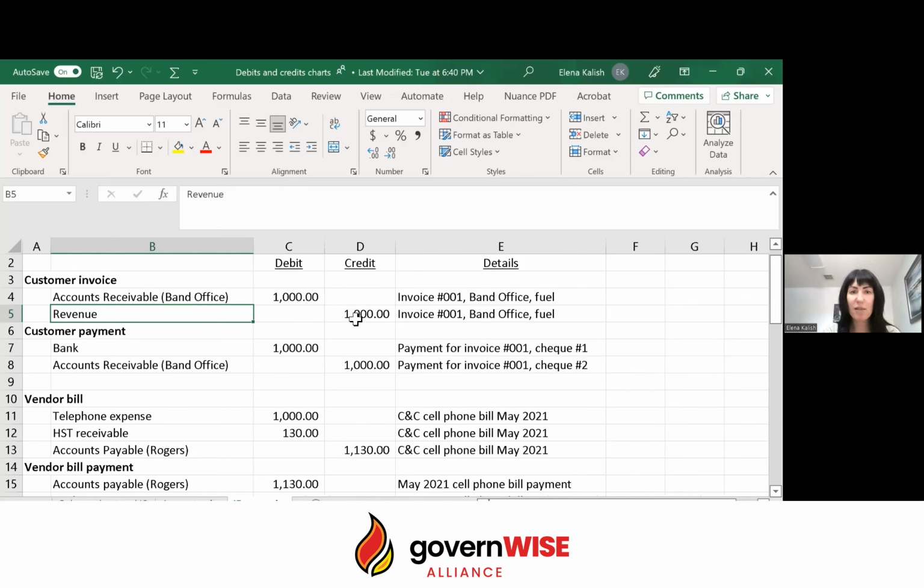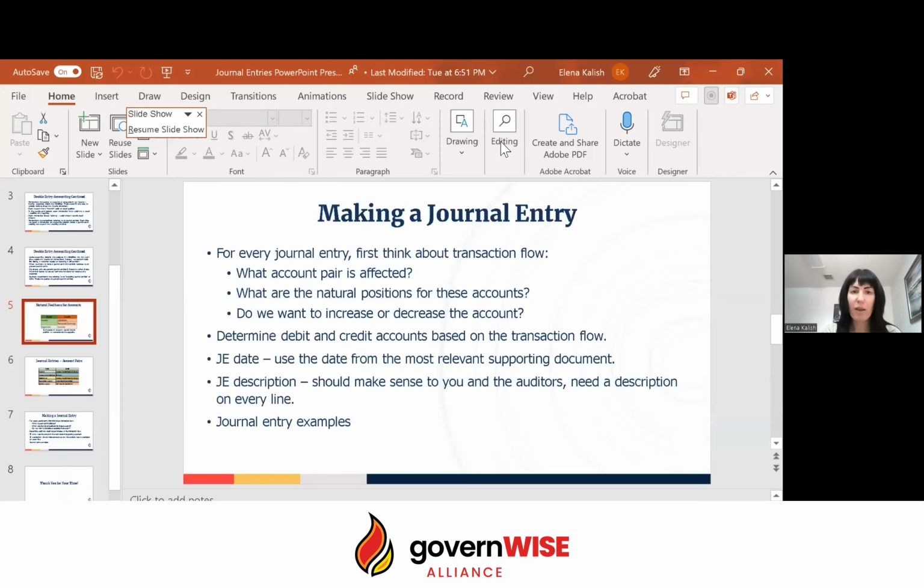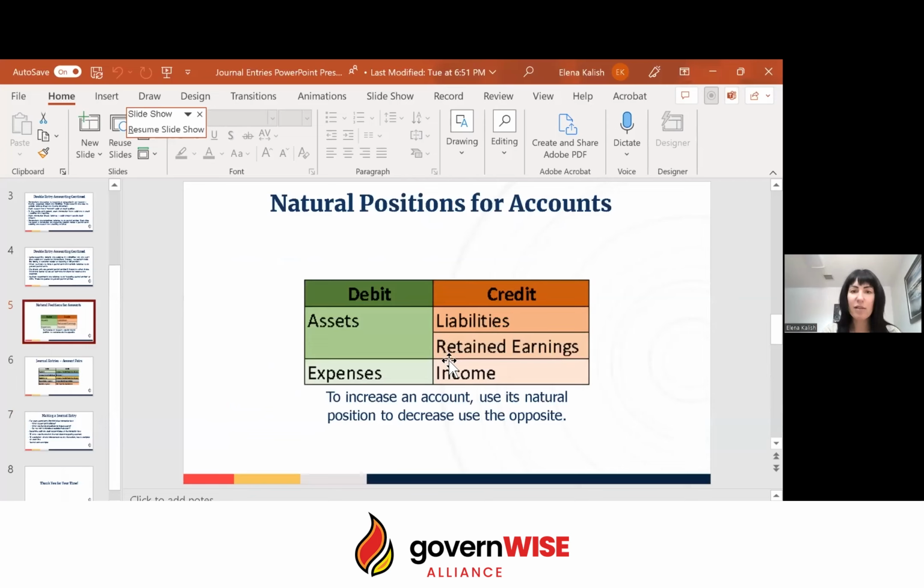Sales at the gas station and increasing accounts receivable, right? Because the band office owes the gas station now. So now let's go back to our little cheat sheet here. Okay, so increasing revenue or income, well, natural position is credit.